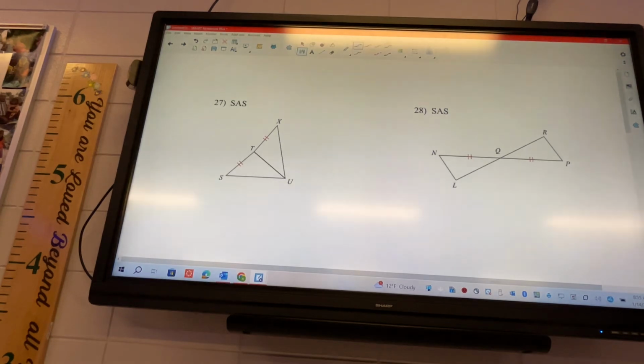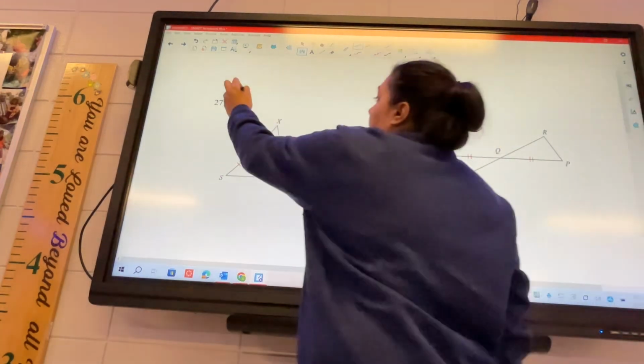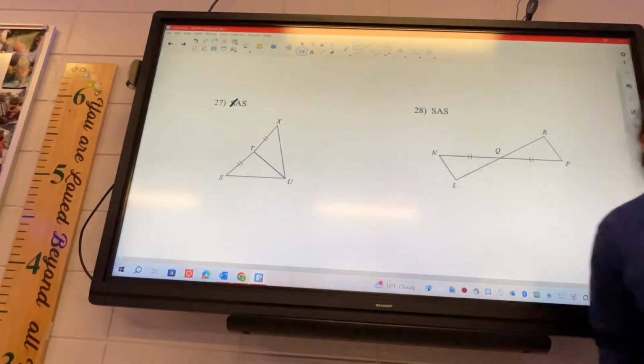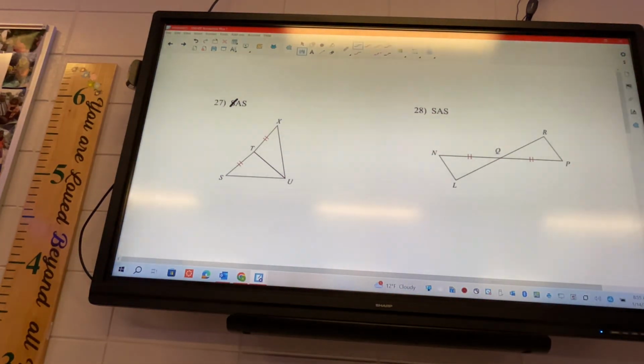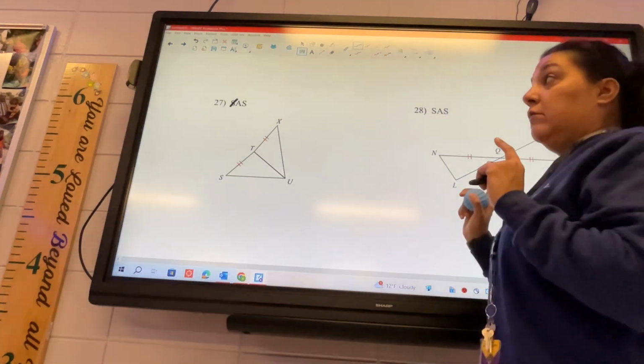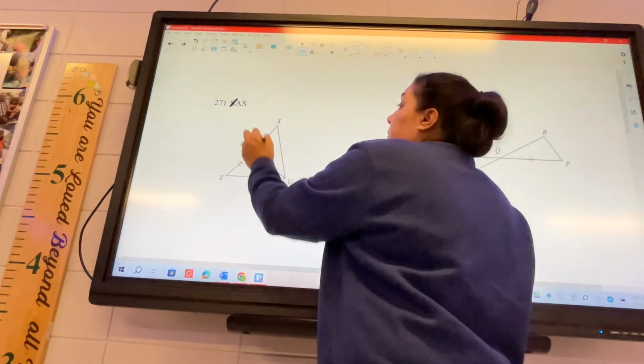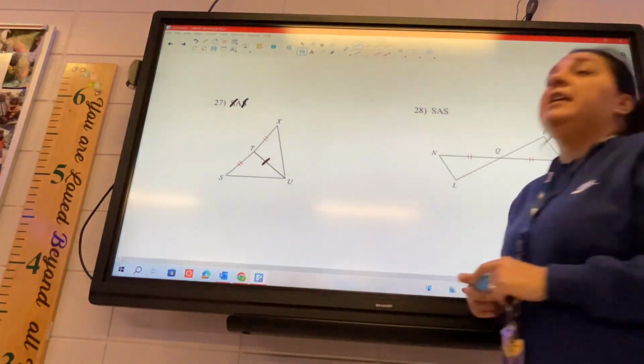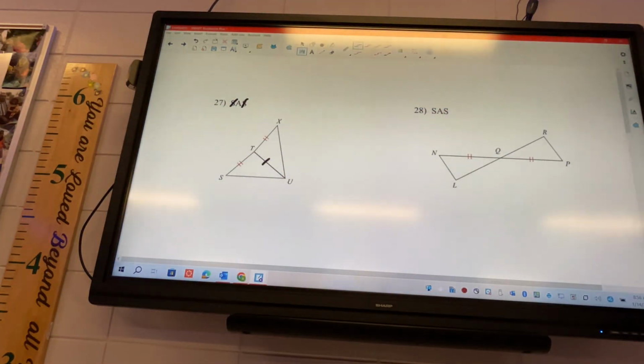Okay, 27, it says side, angle, side. What is already marked? A side. A side is already marked, so we can cross that off. Okay, are they touching? Yes. So we can mark a side or an angle? Angle. A side in the middle. So what we have left is an angle. Okay, where's that gonna get marked?